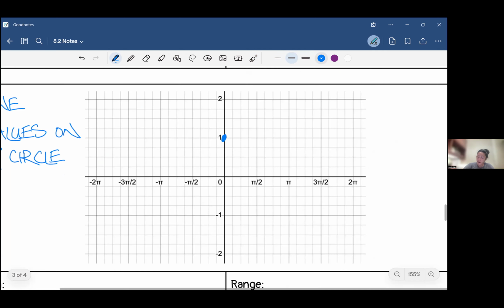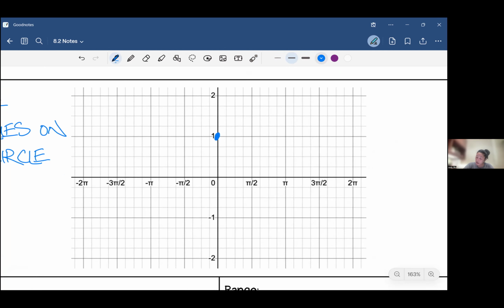And as I work my way around the unit circle, when I get to pi over 2, I get an x value of 0. When I get to pi, I get an x value of -1. When I get to 3 pi over 2, I get an x value of 0. And when I get back to 2 pi, I get an x value of 1.